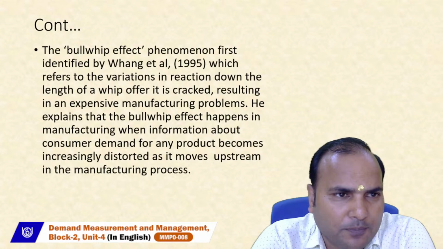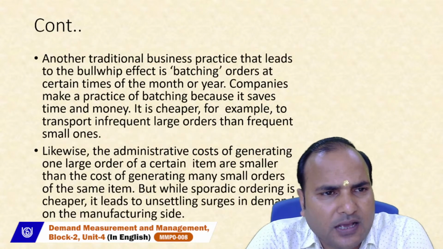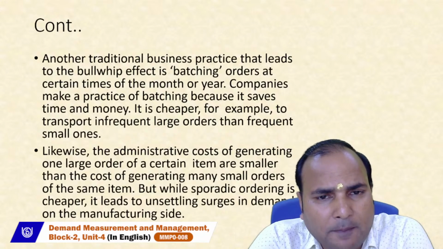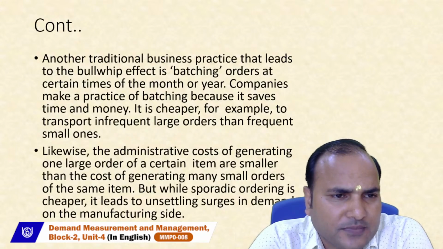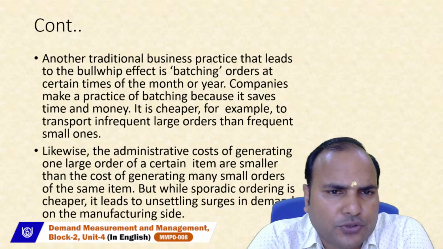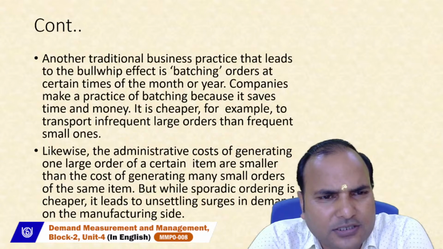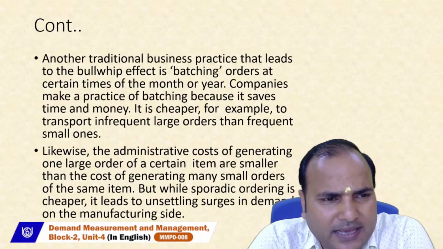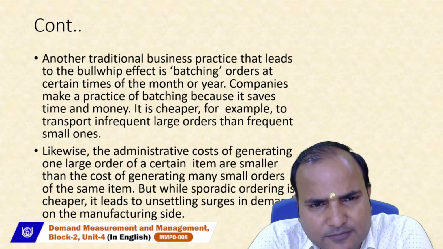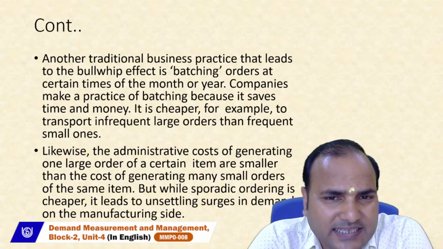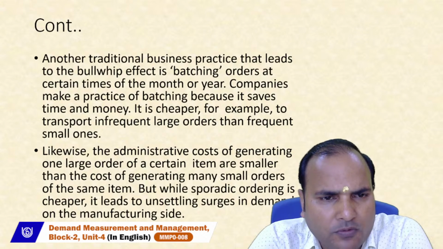So here in the bullwhip effect, another traditional business practice that leads to the bullwhip effect is batching orders at certain times of the month or year. So in batching orders, there will be a certain time of the month or the year, and companies make a practice of batching, because it saves time and money.